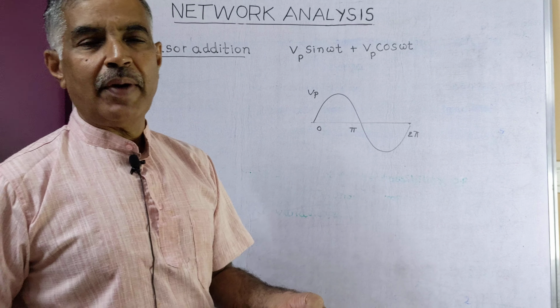The sine wave Vp sin omega t is represented by this line segment. Vp cos omega t is represented like this, with the same Vp. Now this is the sine wave, this is the cosine wave. You can add.